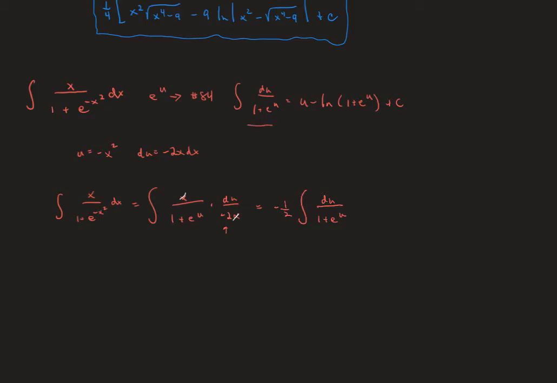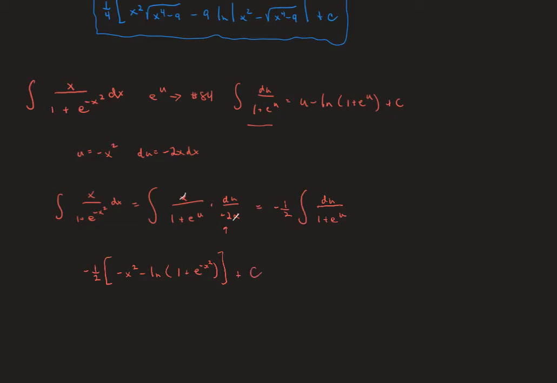And so we will get negative 1/2, that extra constant, and our u is going to be the negative x squared. We'll get a minus the natural log of 1 plus e to the negative x squared, and that will end the part that's going to get distributed over, and then plus c.